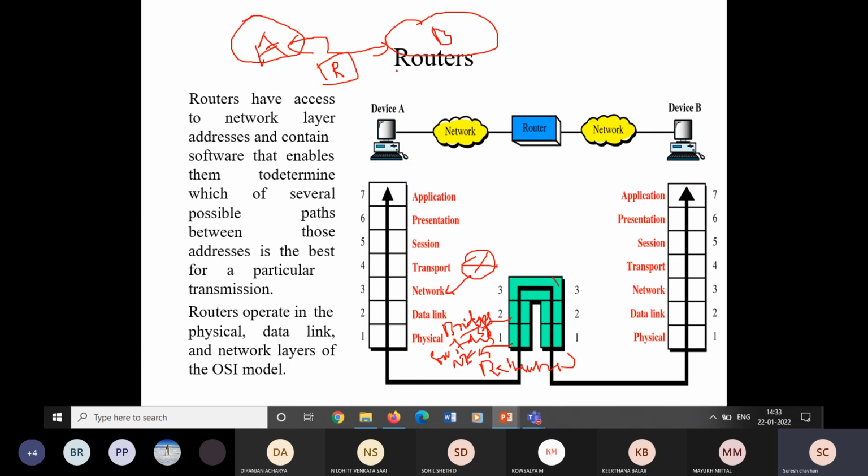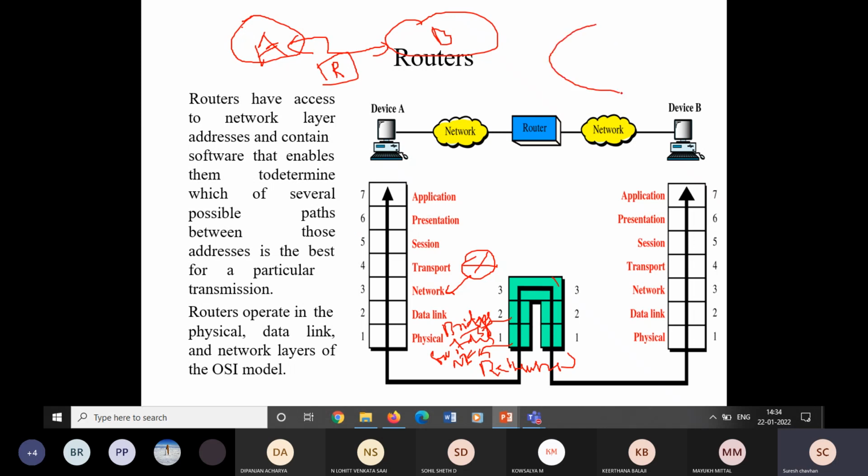Otherwise, we need no router here. If you are sending data within network A, then no need for routers; only bridges, switches or repeaters are needed.